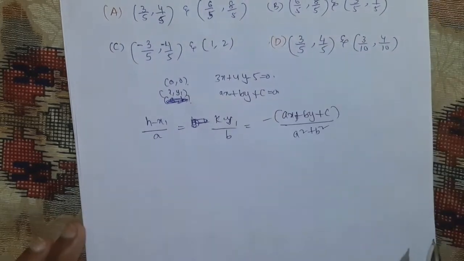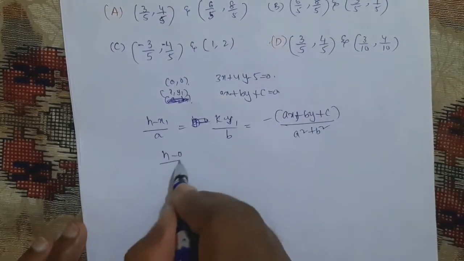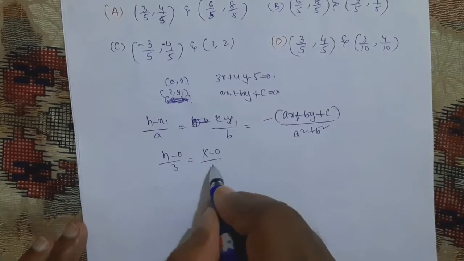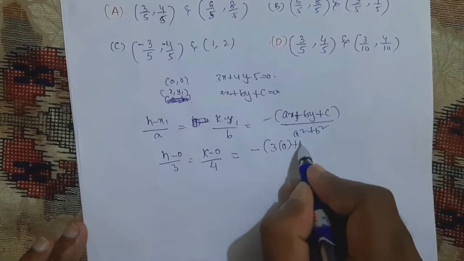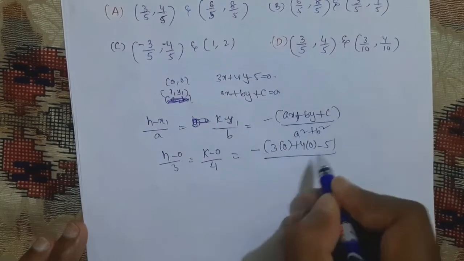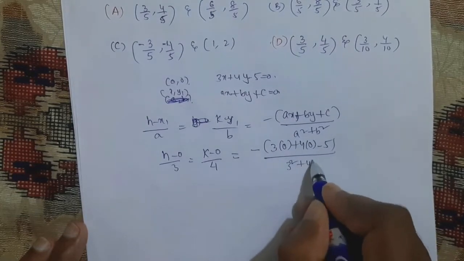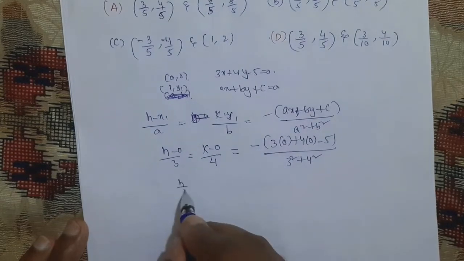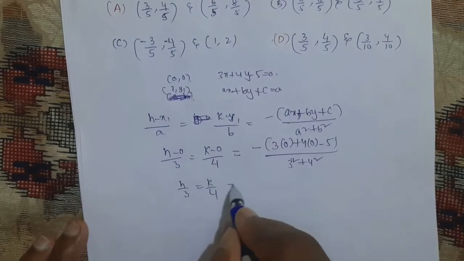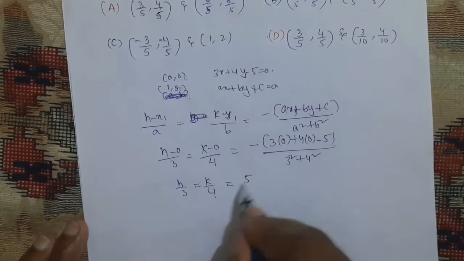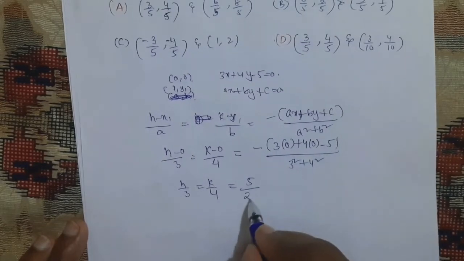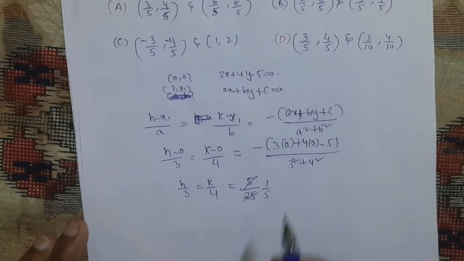If you substitute the given values, you will get (h - 0)/3 = (k - 0)/4 = -(3 times 0 + 4 times 0 - 5)/(3² + 4²). Nothing but h/3 = k/4 = minus into minus is plus 5 divided by 9 + 16, which is 25, that means 1/5.